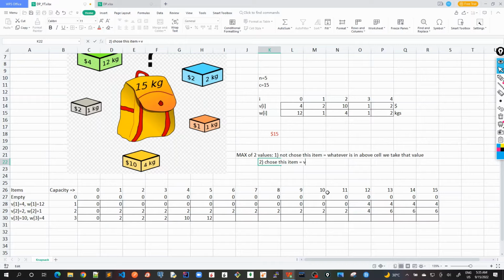It's the value of this item, which is 10. And we also have to add that for the bag of capacity 5, we already know that 5 minus the weight of 4 is 1. What was the maximum value possible with just these two items, right? So it was 2.